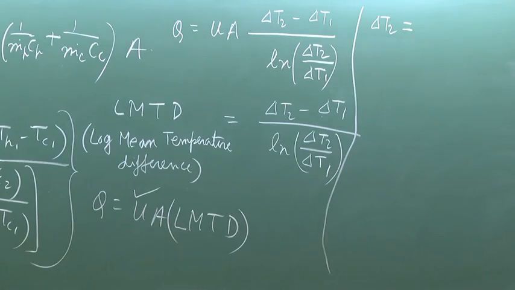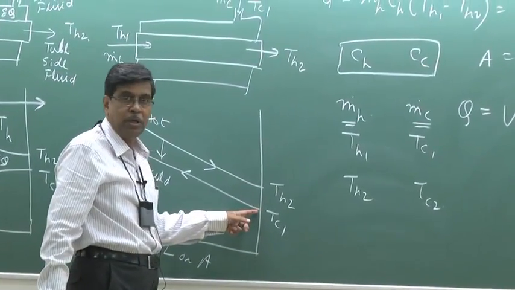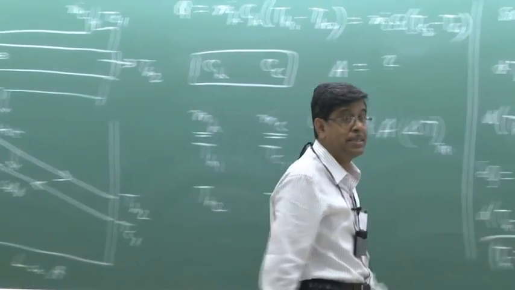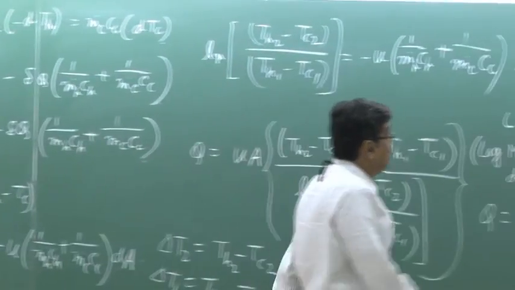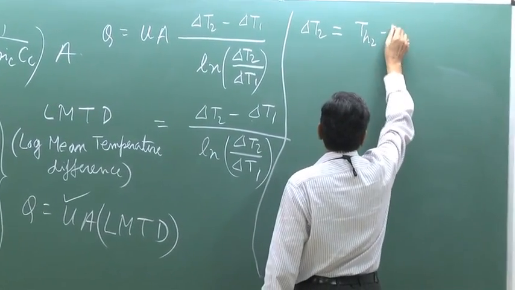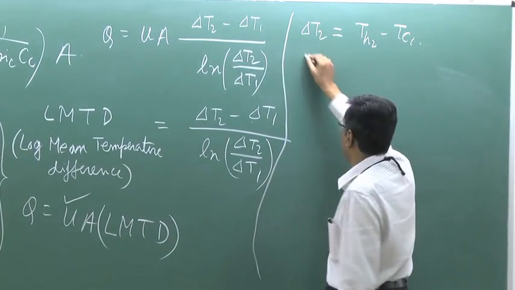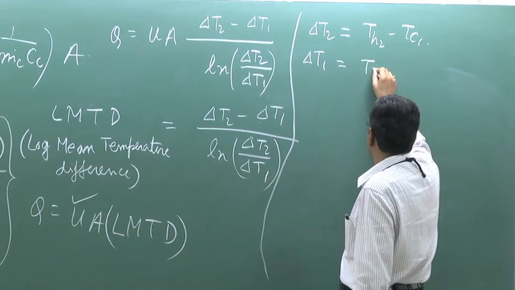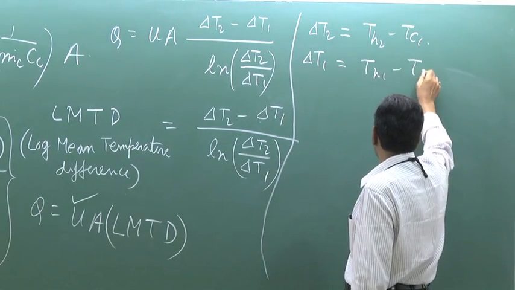There is no inlet-outlet reference, because it is hot fluid inlet and cold fluid inlet. Let us make delta T2 as TH2 minus TC1. Then delta T2 will be TH2 minus TC1. And what will be delta T1? Delta T1 will be TH1 minus TC2.